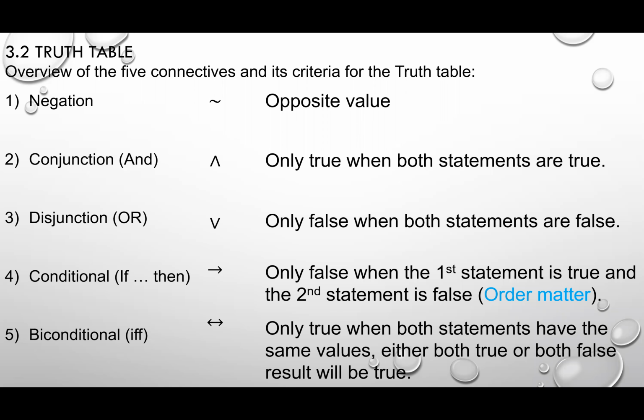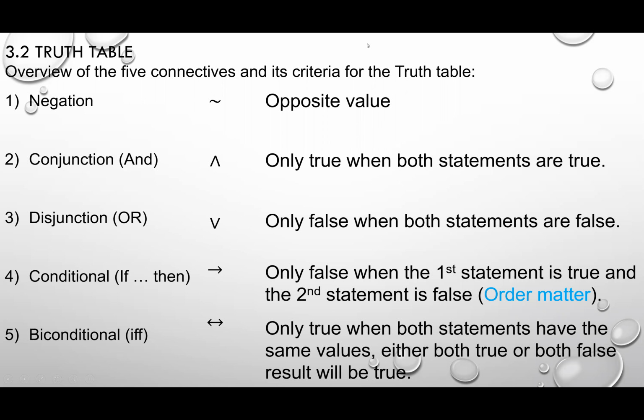This is what we have. As we get to the next set of problems, like I said, today our goal is to hopefully get you to know how to start your truth table and how to end your truth table. In order for you to start with the truth table, you have to know your symbolic.